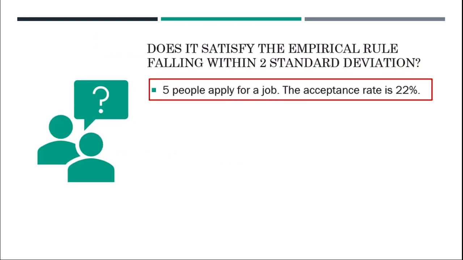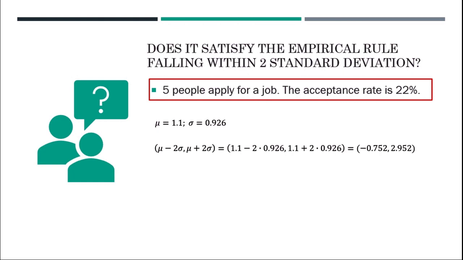Does it satisfy the empirical rule? Let me use falling within 2 standard deviations as an example. Mu is 1.1 and sigma is 0.926.